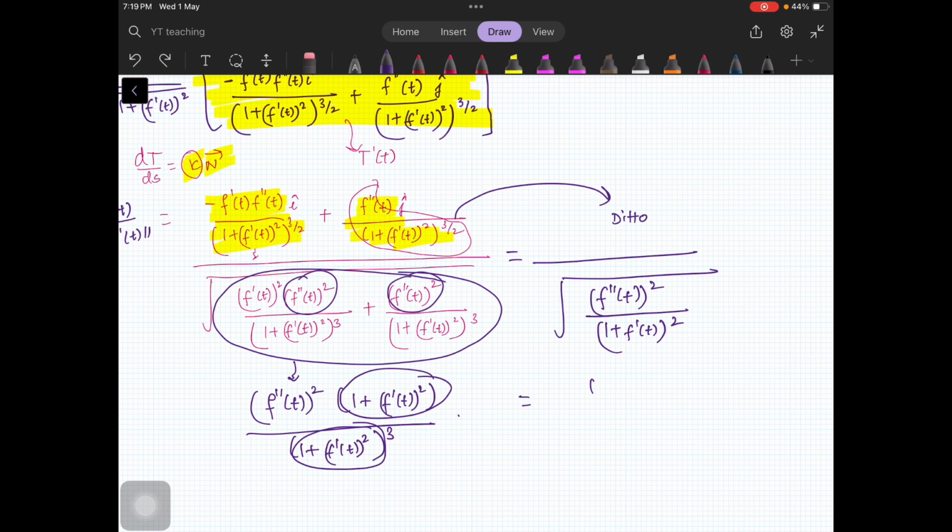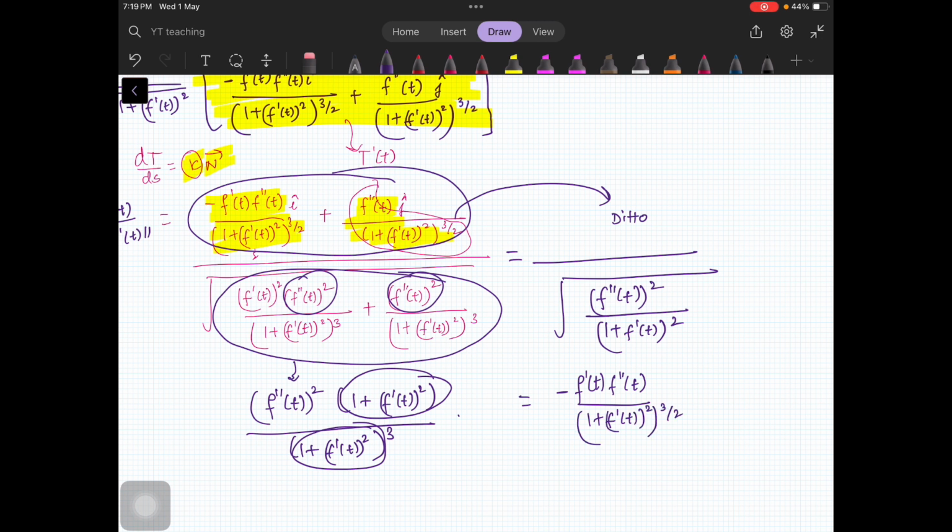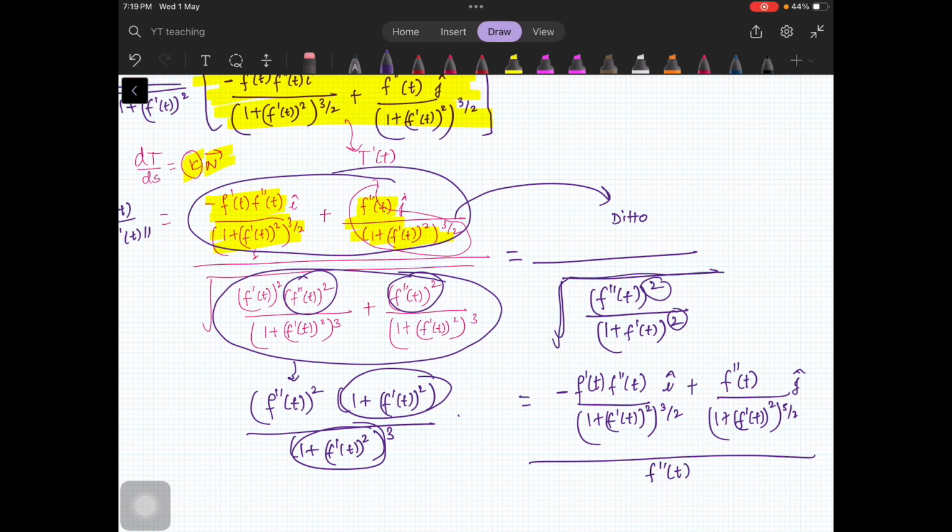Okay. So, you have minus f prime t f double prime t divided by 1 plus f prime t square raised to power 3 by 2 i component, plus f double prime t over 1 plus f prime t square raised to power 3 by 2 j component, and in the denominator this square and square root will cancel. So, I have f double prime t upon 1 plus f prime t square.